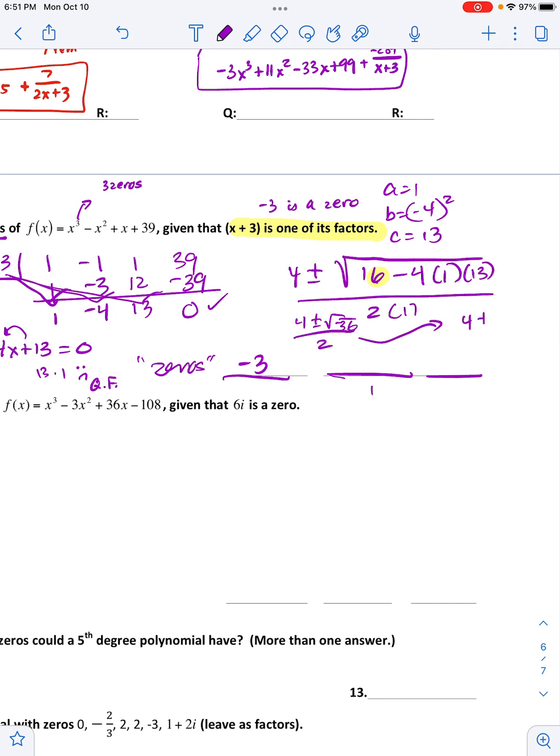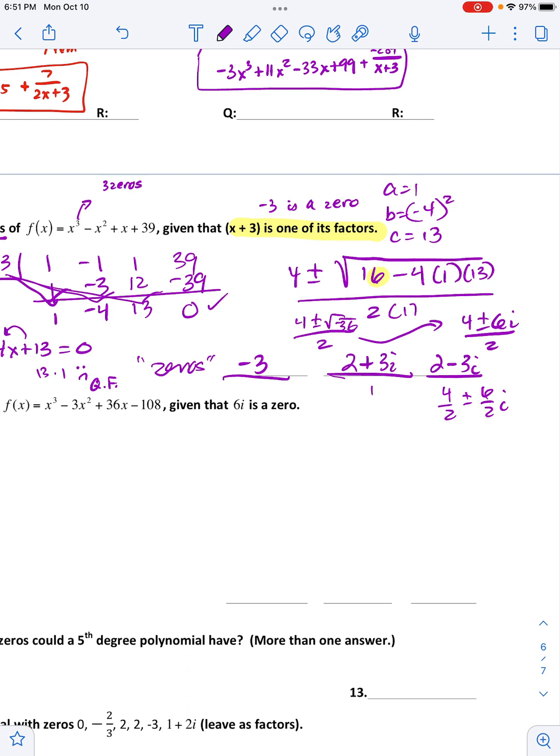Okay, but the square root of negative 36 is 6i. So if I separate this, I'll have 4 over 2 plus or minus 6 over 2i. Both of those reduce, so I get 2 plus 3i and 2 minus 3i as my last two zeros.